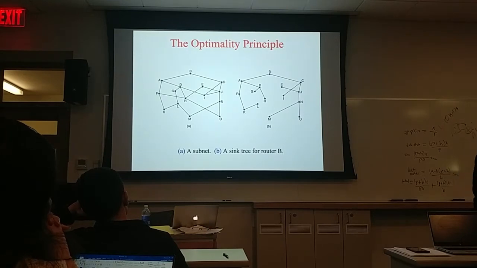And then one of the other things we're going to rely on is the optimality principle. Going back to graph theory, we recognize that any subpath of an optimal path is optimal, which is why the routing algorithm works.